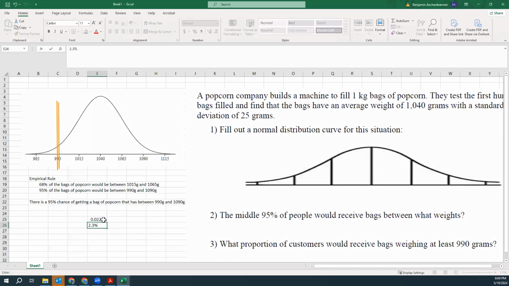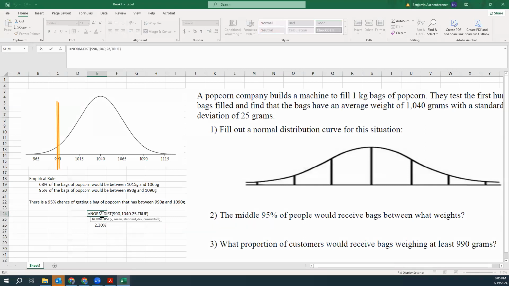2.3% or something. Remember that when I use the norm.s.dist, and by the way, the norm.dist is just different in what it takes in as the arguments, right? So I put 990, I put 1040, I put the standard deviation, which was 25, I put true again, and it gives me the exact same result.